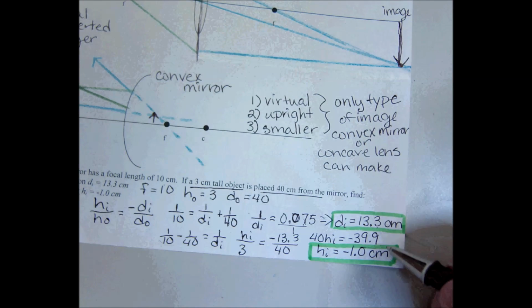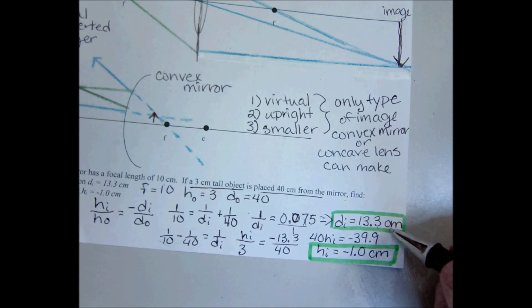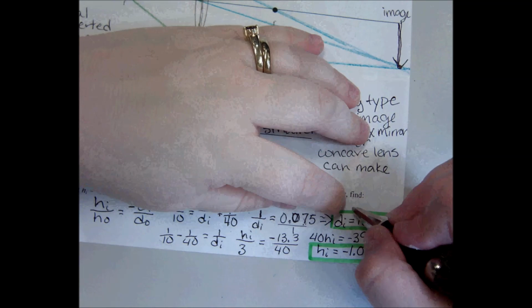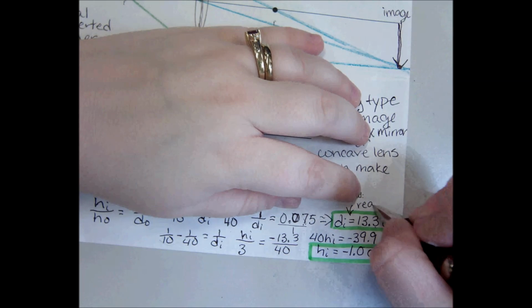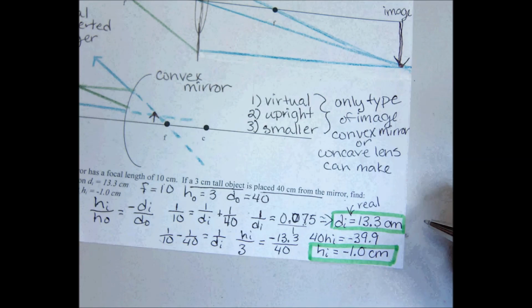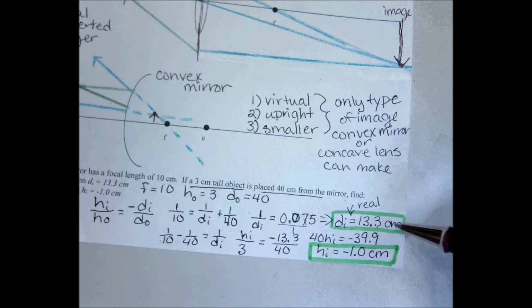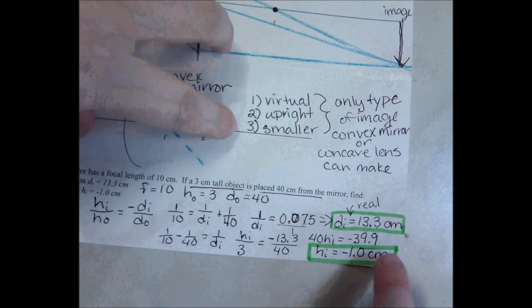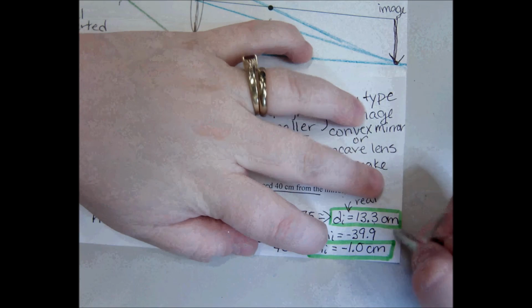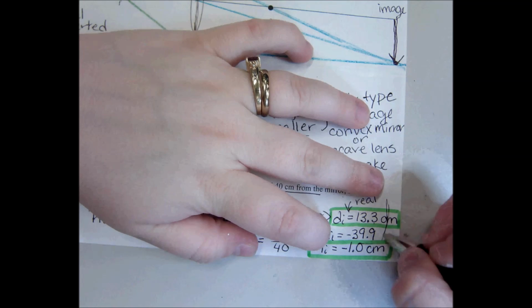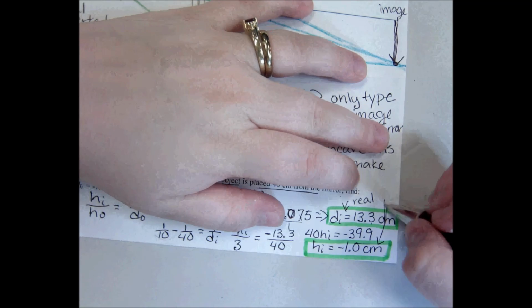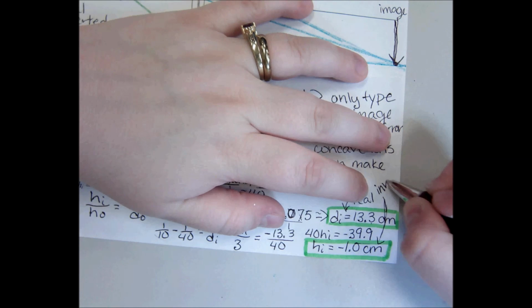Let's take a moment to talk about what these mean. The fact that this is a positive number means that it's real. If you ever got a negative number for di, which is possible, then that means it's virtual. This number is negative, which means that it's inverted.